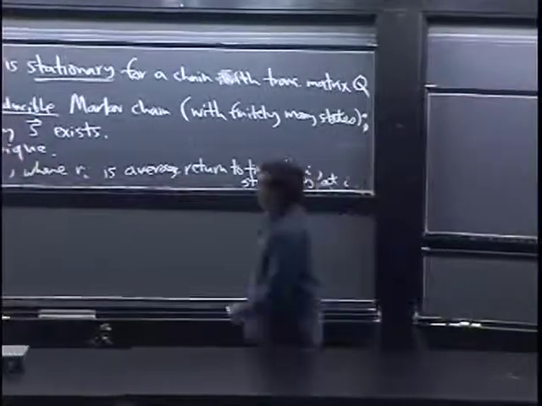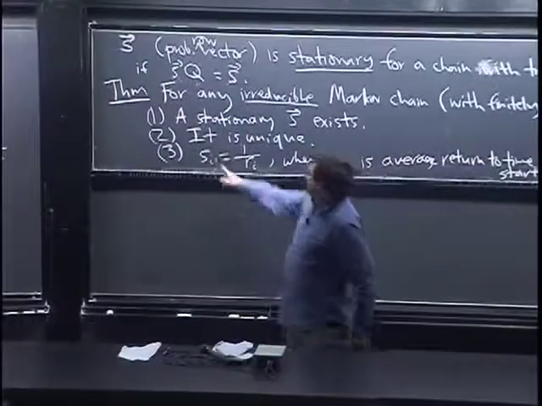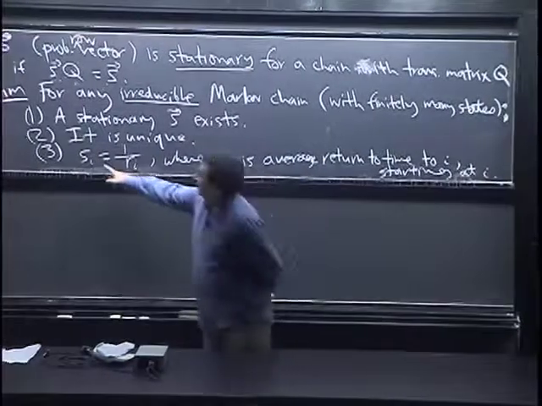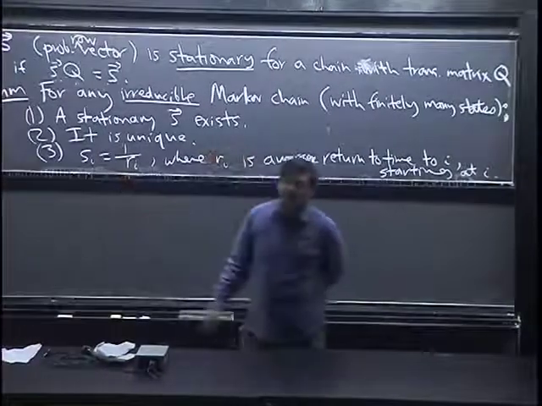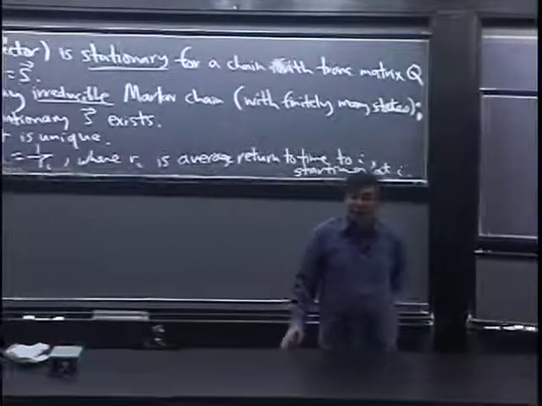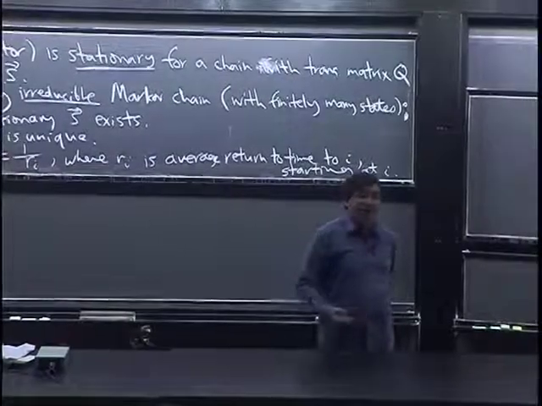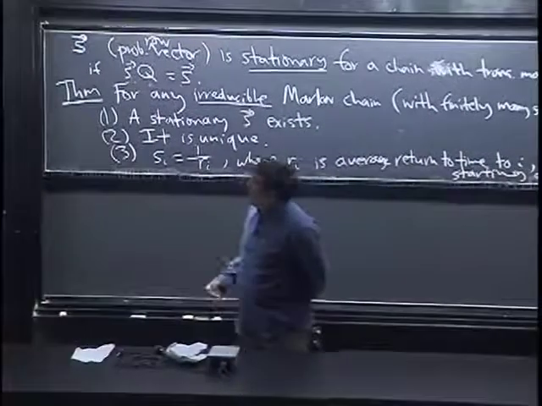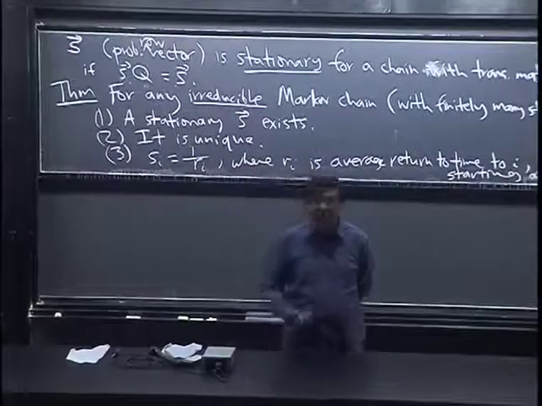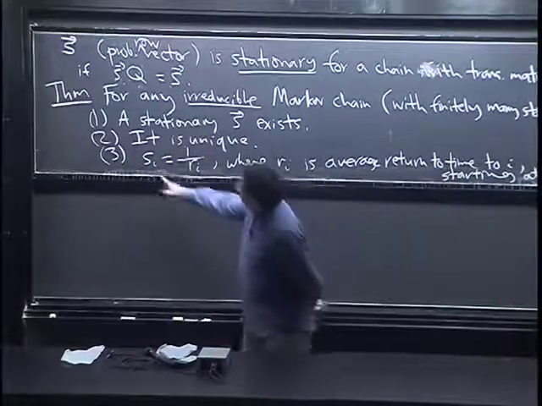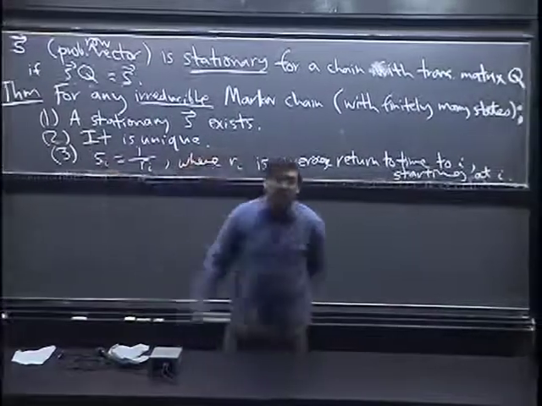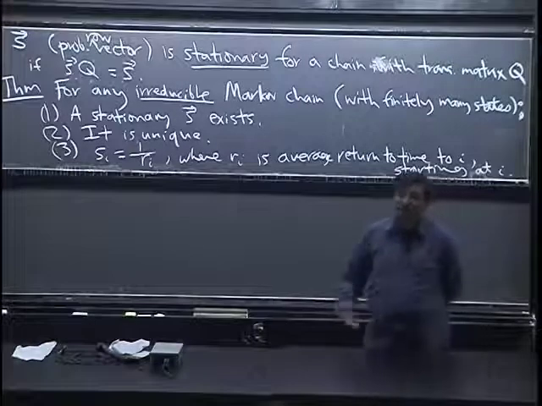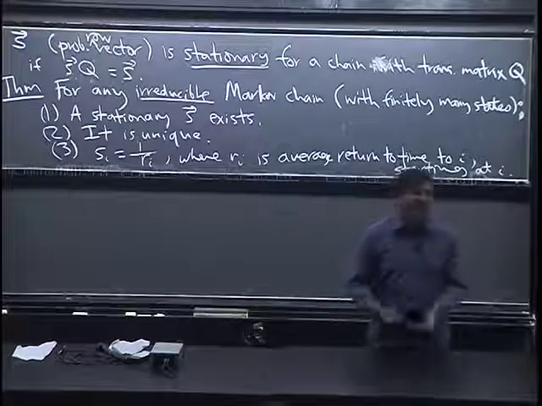I don't think it's obvious that these should be equal. I think it makes sense intuitively that they should be inversely related, because one way to think of a stationary distribution intuitively is as the long run fraction of time spent in a certain state. So to interpret S_i intuitively, think of running the chain for a long time and asking what fraction of the time it was inhabiting state i.